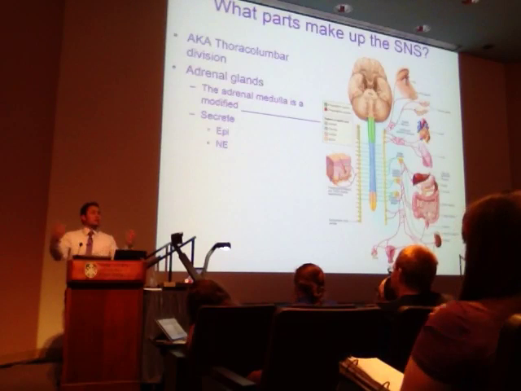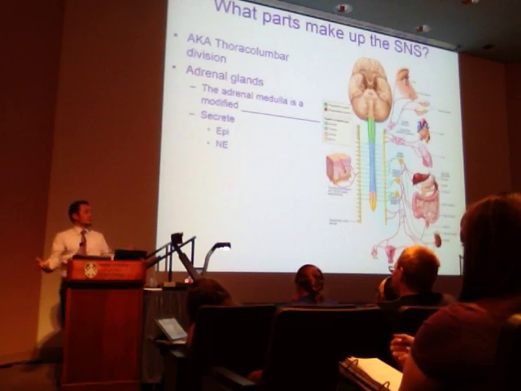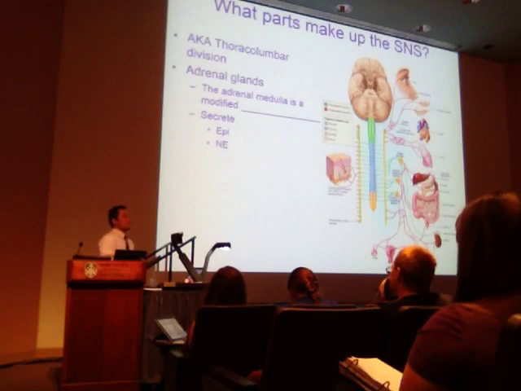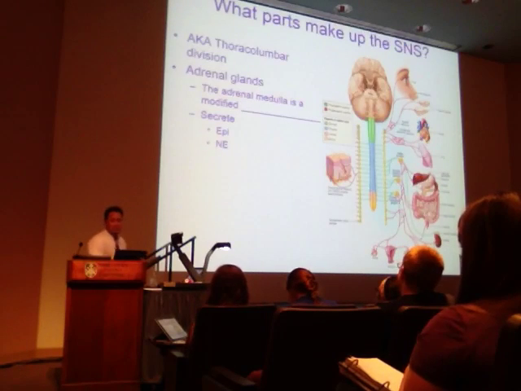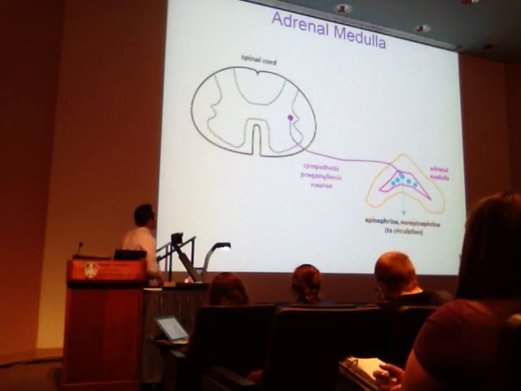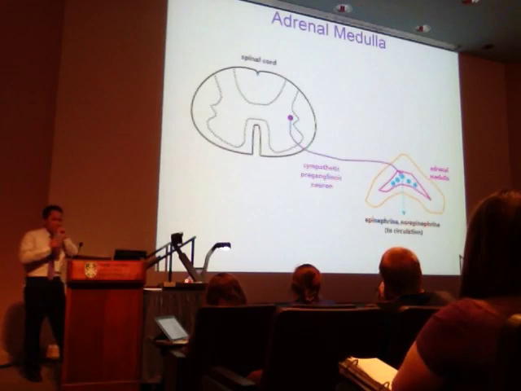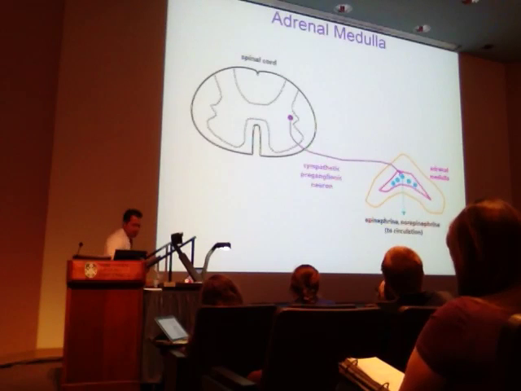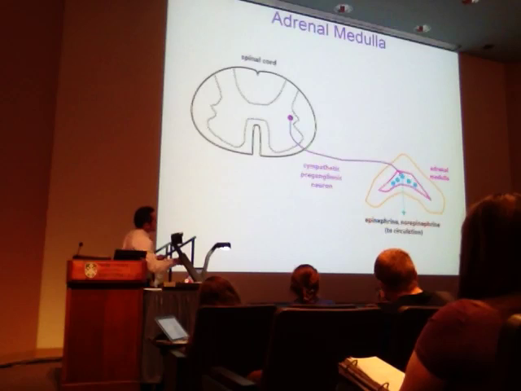So this adrenaline response, when you get excited about something, that adrenaline is coming from the adrenal medulla. Okay, so here's a drawing of what that looks like. You can kind of appreciate the components of the adrenal gland.